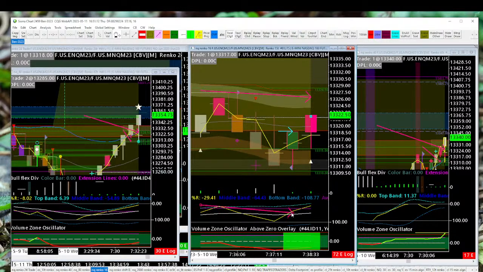So when you get the percent R to get over that purple line, it's not a buy signal, but the idea is you've got more buy momentum here, and the sellers no longer have a natural defense against a breakout.